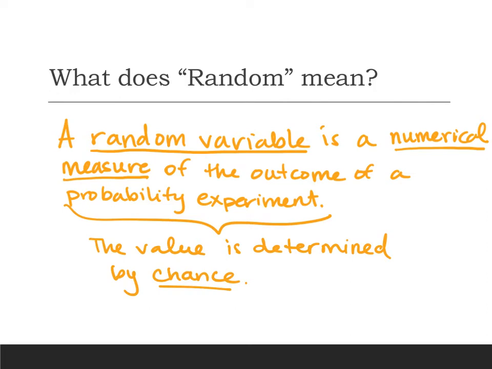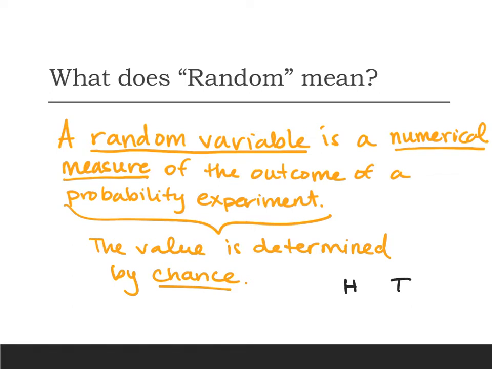Now, if I'm rolling a die, it's very easy to see what the numerical measure would probably be. If I'm rolling a 6-sided die, then I would have outcomes 1, 2, 3, 4, 5, or 6. Then that's fine. But what about if I'm flipping a coin and I have heads and tails? Well, H and T, those are not numerical outcomes. There's not a numerical measure.